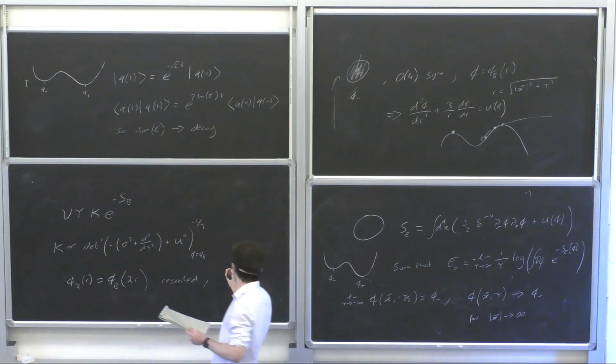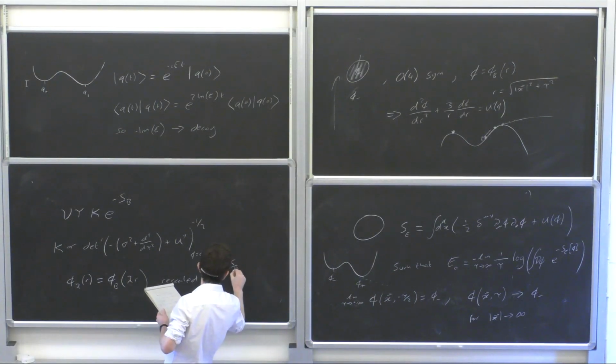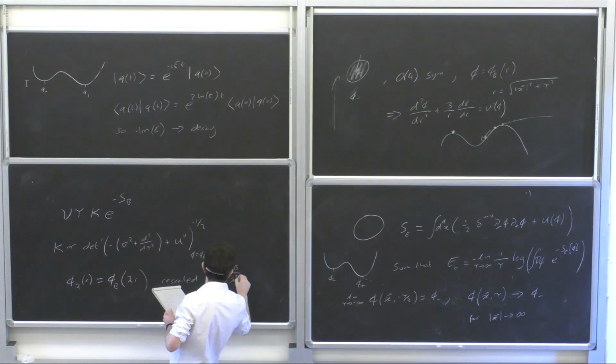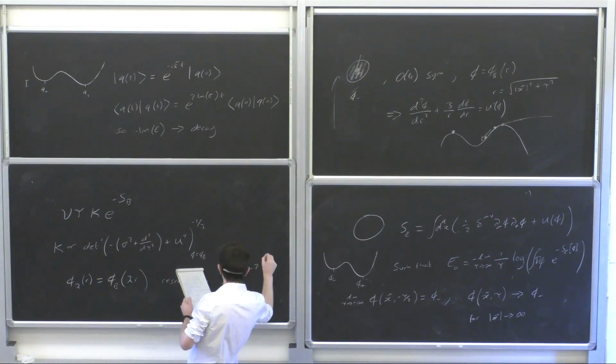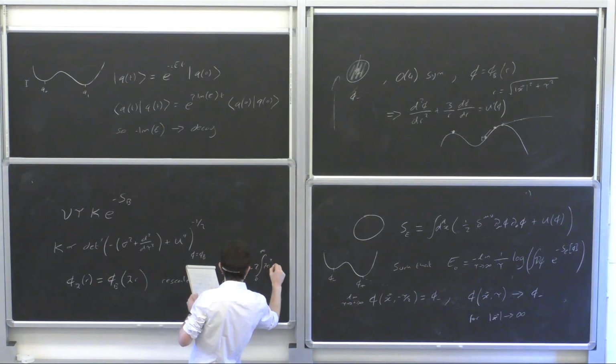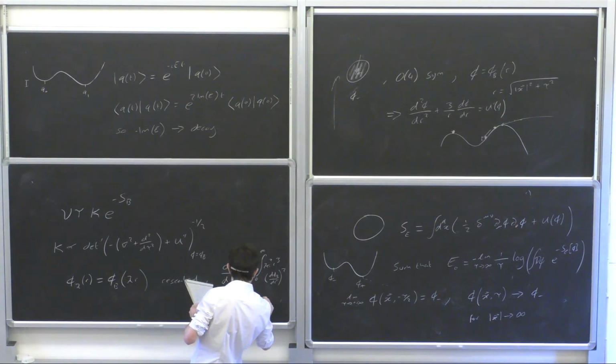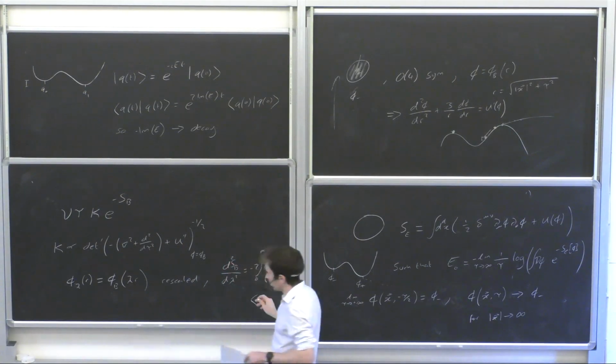In particular, after a small amount of work, you can show that dS bounce by d lambda squared is something like minus 2 integral naught to infinity 2 pi squared r cubed dr squared, which is less than 0.